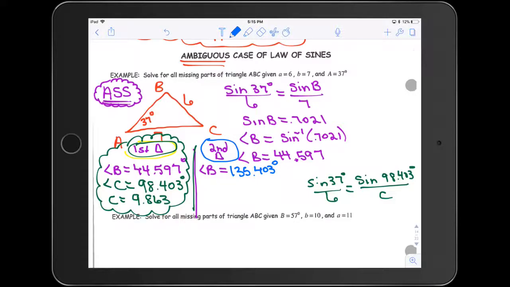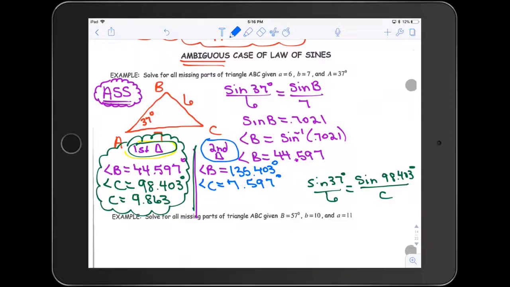So then we go angle C, again 180 minus the 37 degrees for angle A, which is a hard fast 37 degrees, that's not fluctuating, and the 135 degrees, and you end up with an angle C of 7.597 degrees.